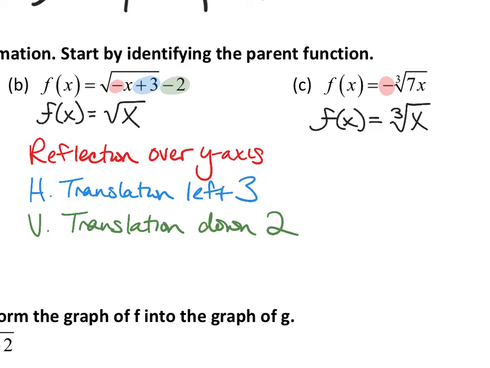In question C, you've got 2 things that are different from the parent function of the cube root of x. One of them is multiplying a negative on the outside. That's called a reflection over which axis? Over the x-axis, cool. And then we're multiplying a scalar on the inside. Inside should mean it's definitely horizontal.